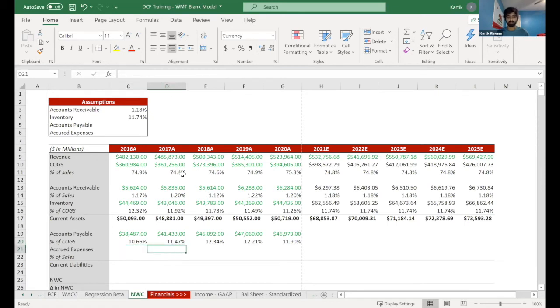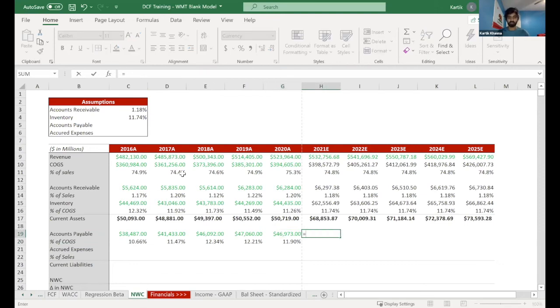That's also the reason why, while AP is a percent of COGS, accrued expenses are a percent of sales, because accrued expenses are a bit harder to tie to COGS and still be true to the model and all the accounting rules. But back to accounts payable.